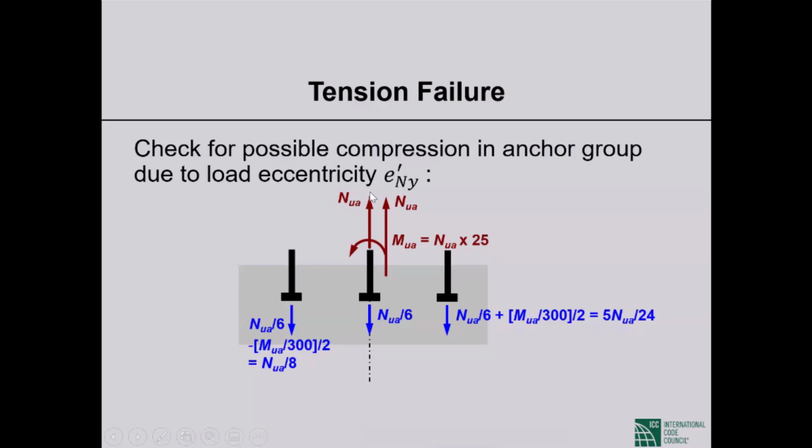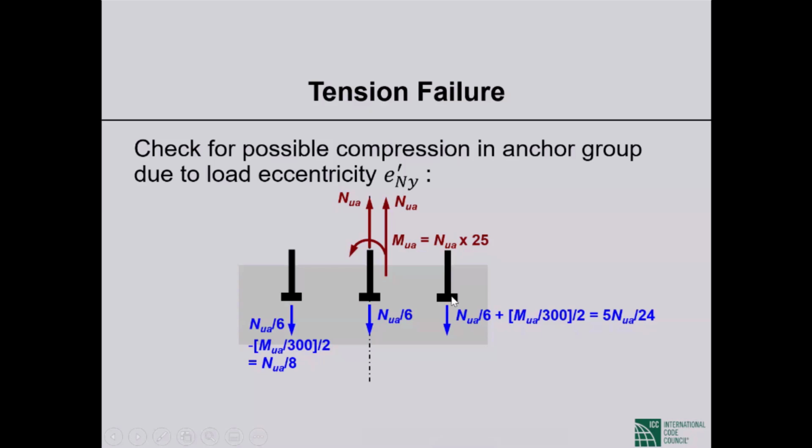The tension along the centroidal axis is divided equally by the 6 anchors, and the moment causes additional tension on those 2 anchors and additional compression on those 2 anchors. The distance now is 300, so we divide the moment by 300, and now there are 2 anchors here, 2 anchors here, 2 anchors here. This is divided by 2.